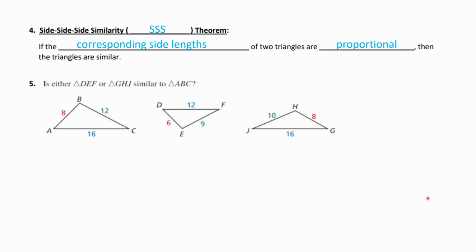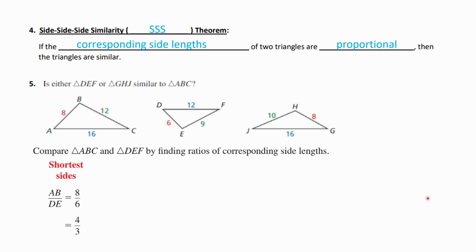Our task for number 5 is to figure out if either triangle DEF or triangle GHJ is similar to triangle ABC. We can compare by finding ratios of the corresponding side lengths, setting up proportions to see if all the side lengths are proportional.